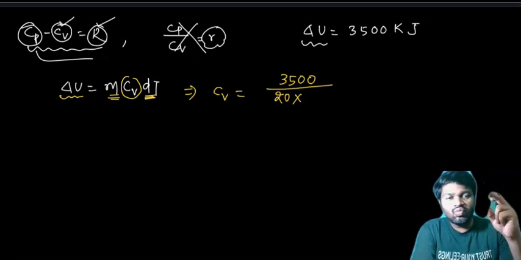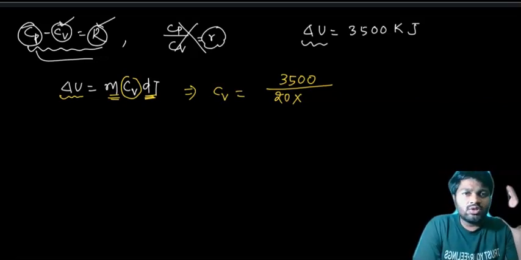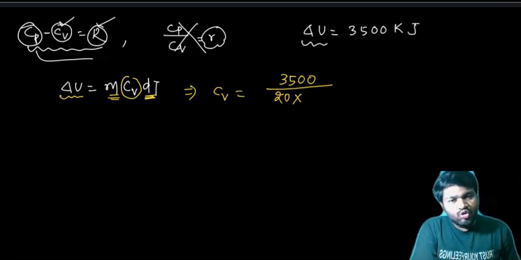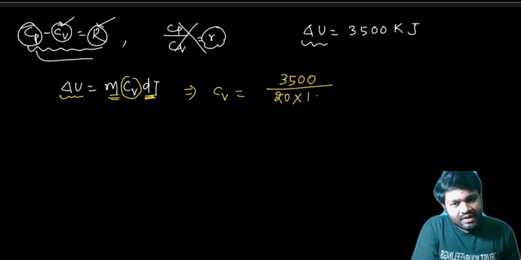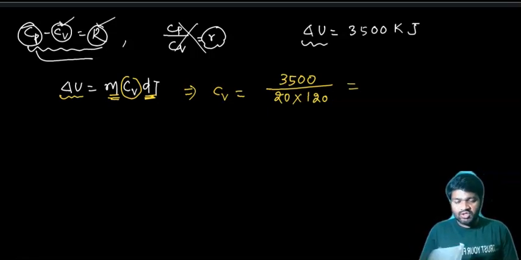The final temperature was 140 degrees centigrade and the initial temperature was 20 degrees centigrade. If we take the difference, this is 120 degrees centigrade, right? I have already done that calculation, so let me check that particular answer.